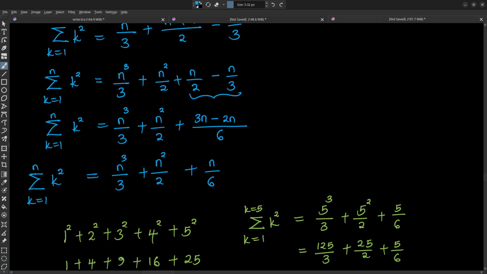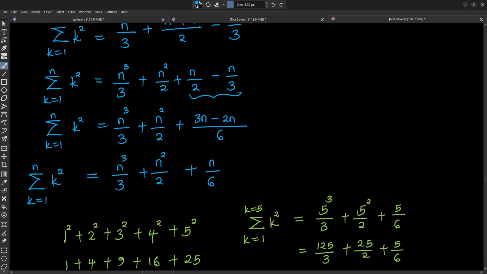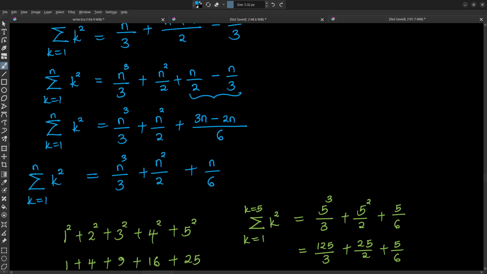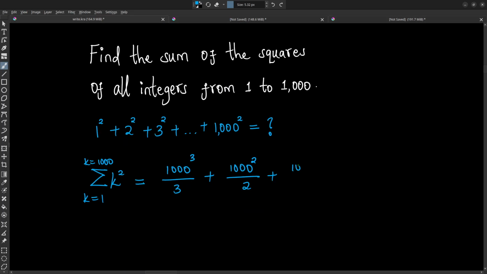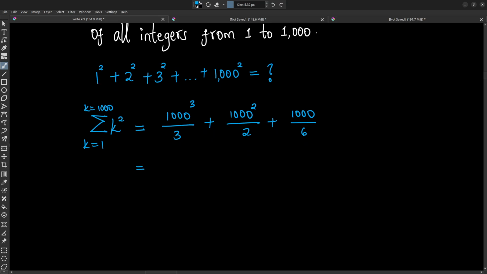So we take n cubed over 3, so we take 1000 cubed over 3 plus n squared over 2, so plus 1000 squared over 2, then plus n over 6. So n still 1000 over 6, right? And this is the same as 1000 cubed is just taking the 1 and then adding the 3 zeros 3 times.